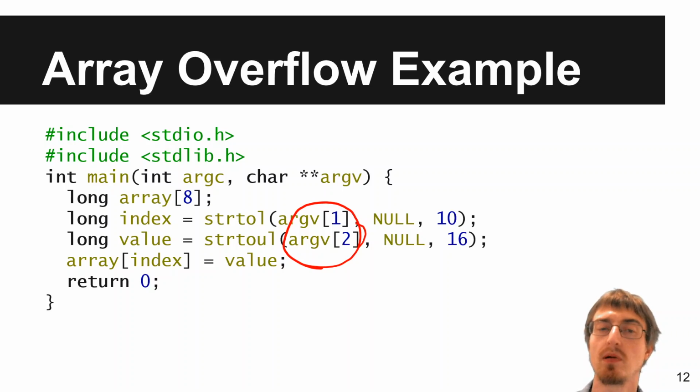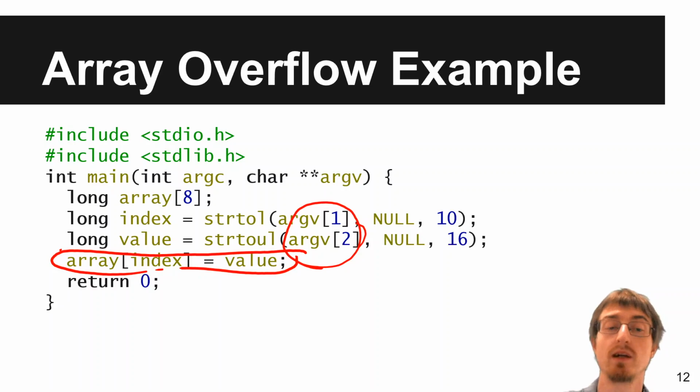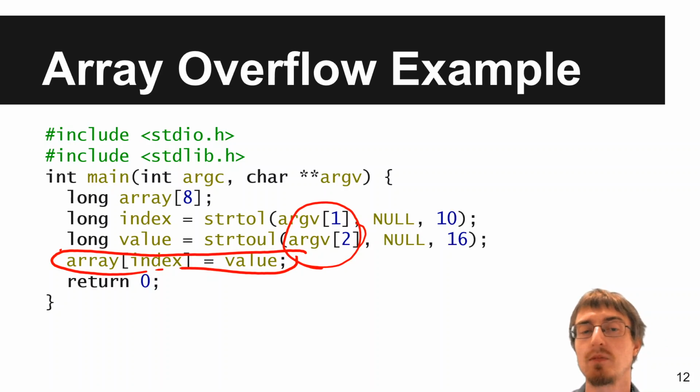These arguments are parsed into integers. And then what we do is we assign one element of the array, at the index specified by the attacker, with the value specified by the attacker. When we do this, we do not check the index, so the attacker can specify any index.